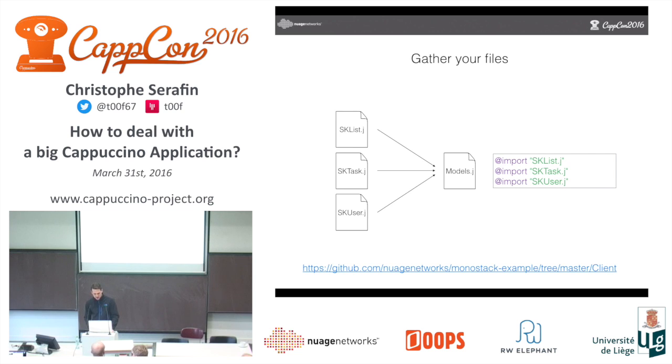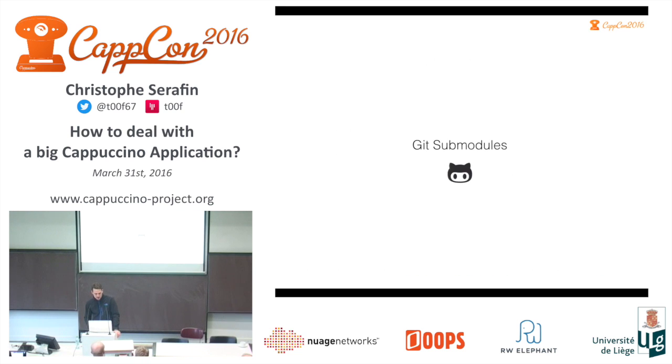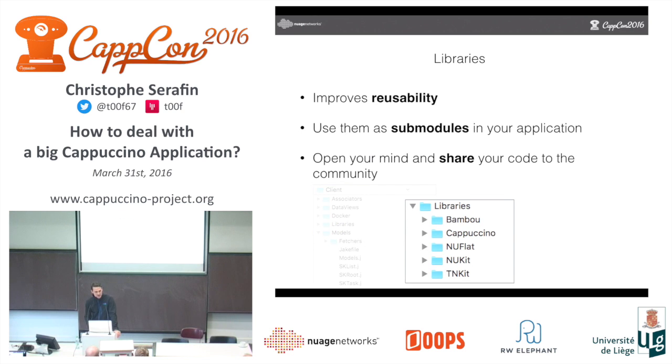I was speaking about libraries, and it's actually a really, really good behavior to use libraries in your Cappuccino project. At NuageNetworks, we have several libraries. You might have heard of some of them. Bamboo. Bamboo is a library that gives all your models the capabilities to make REST calls. Cappuccino, of course, you know that one. We have a specific fork of Cappuccino at NuageNetworks, and we are still improving it.